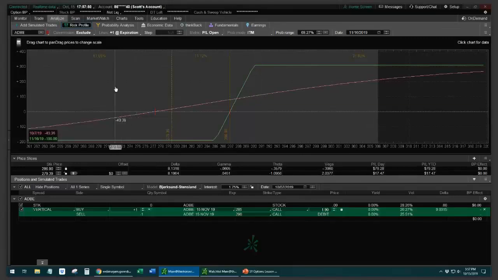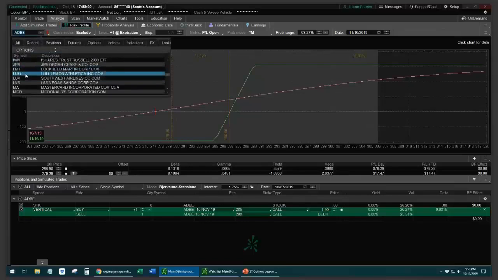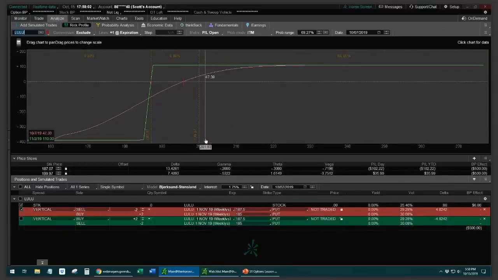Let me show you the other example that we have already going on, and that's our Lululemon trade. So let me pull that up. Lululemon. We sold a put and we bought one lower. We sold it at 187.50, bought one at 185.